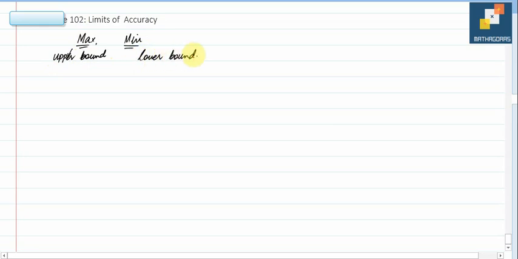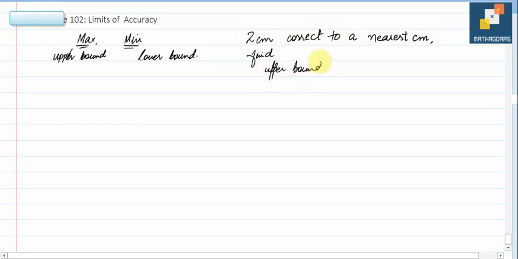Let's suppose I say that a length of 2 centimeter, correct to the nearest centimeter, find the upper bound and lower bound.